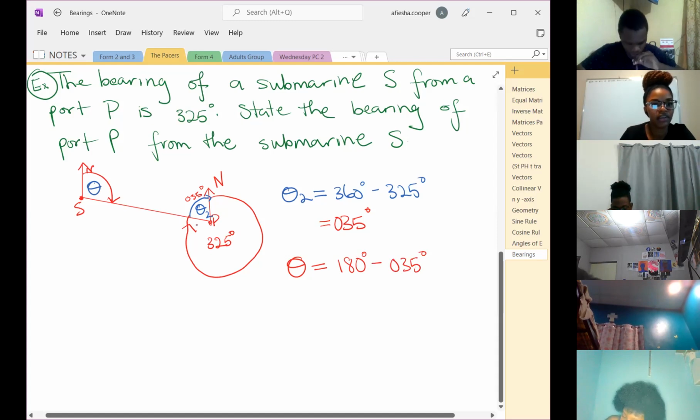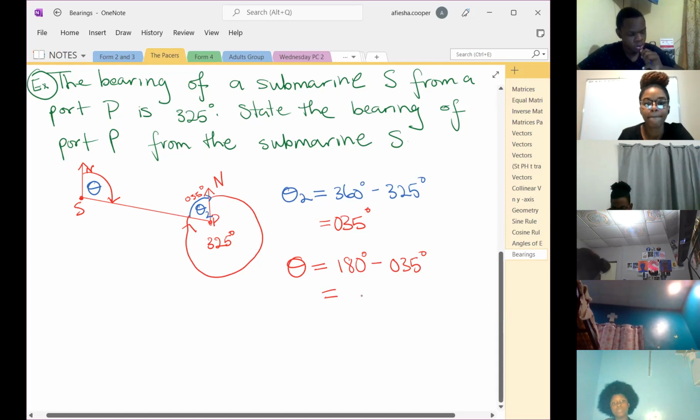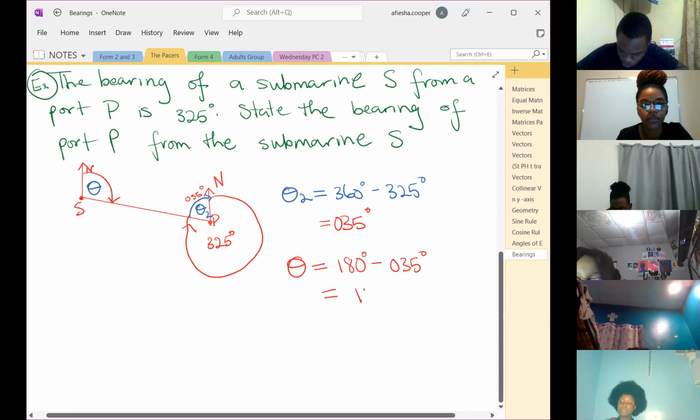Very good, because theta and theta 2 are co-interior angles, so that means they must sum to 180. So if one part is 35, the other part is 180 minus 35, which is 145.